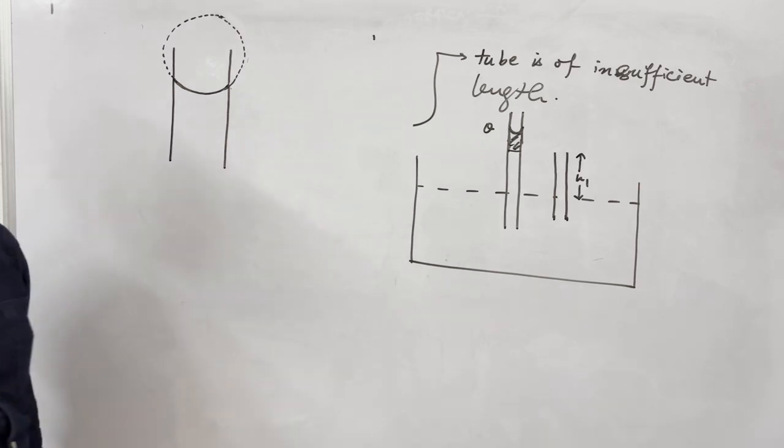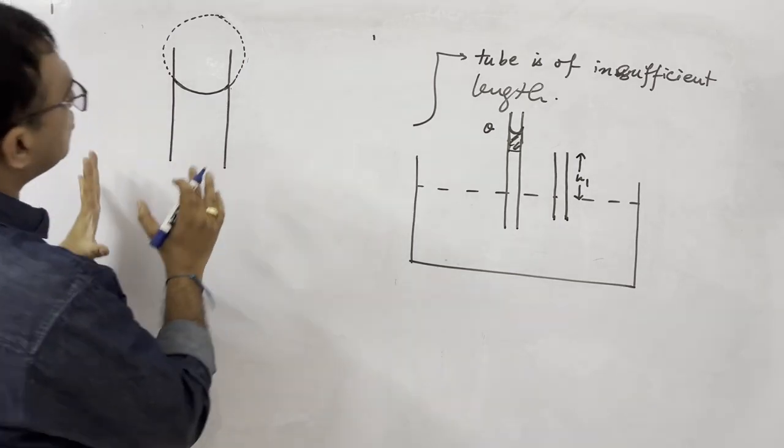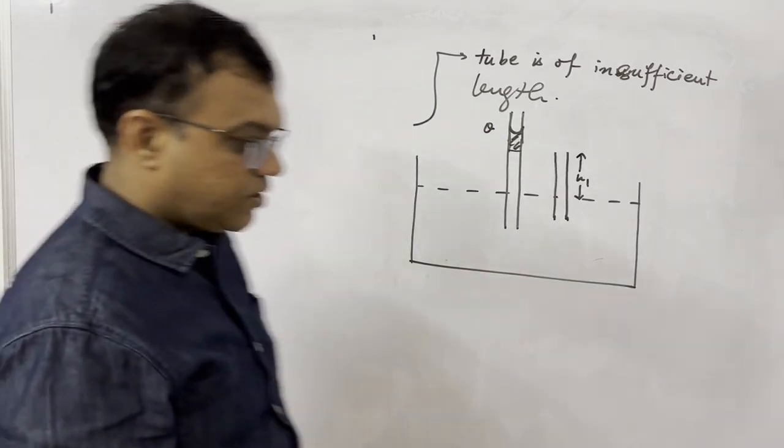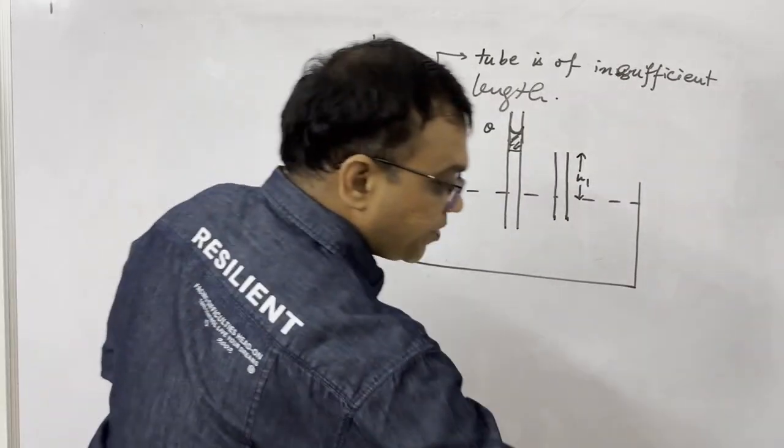It is like this, if the tube is of sufficient length, right? In this also a little problem will come, because if I draw more lines, then it will become overlapping.